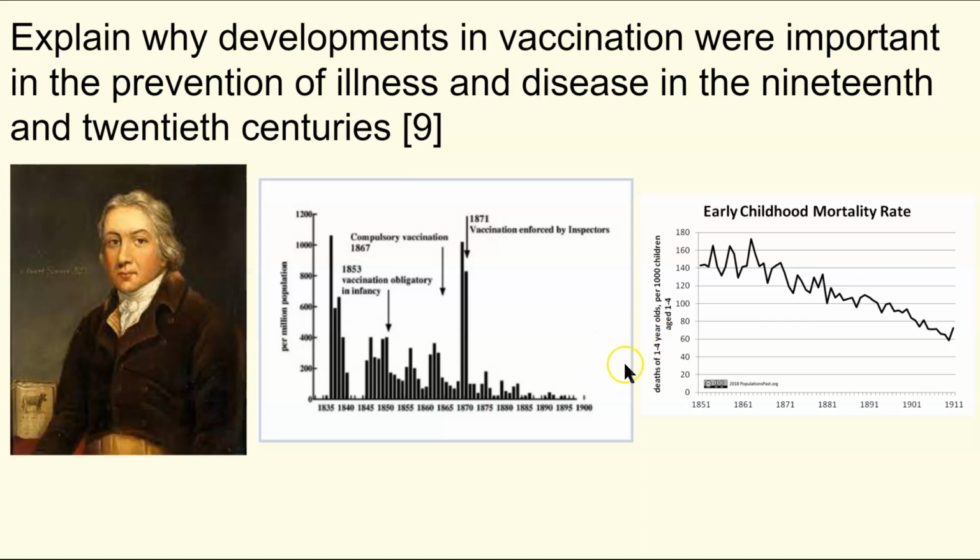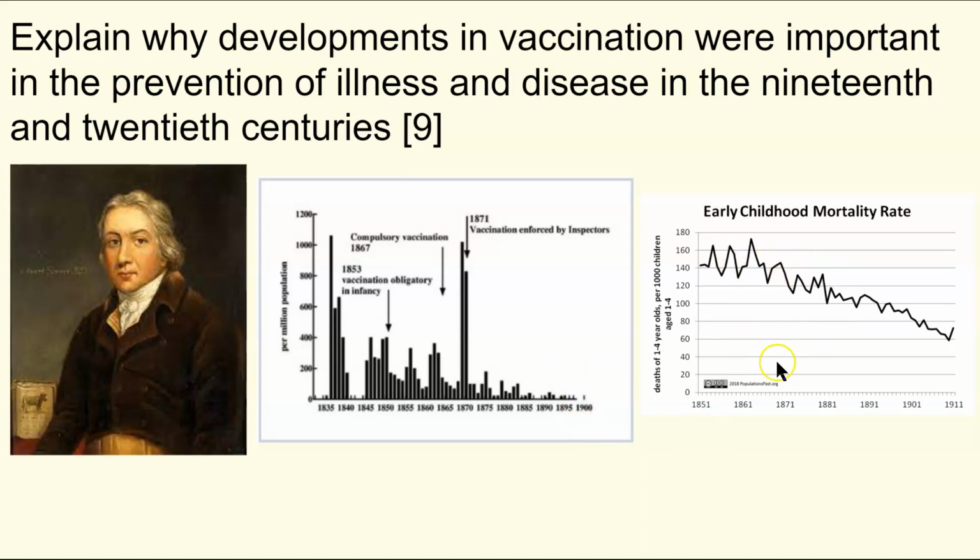And these graphs indicate just that, because through these graphs we can see the per million population that was being impacted by smallpox, and then the date when vaccination was enforced by inspectors, and a very, very dramatic decline in cases following that, which indicates the successes, the importance of vaccination.